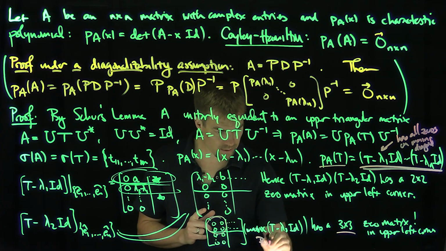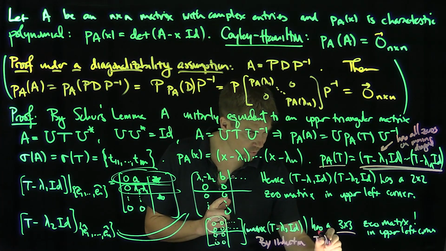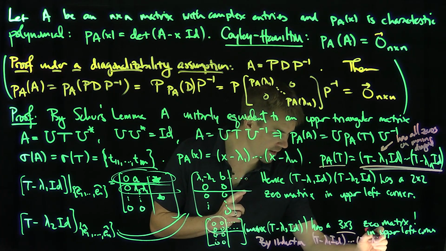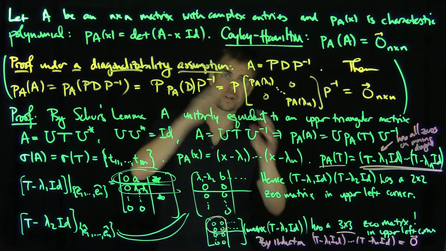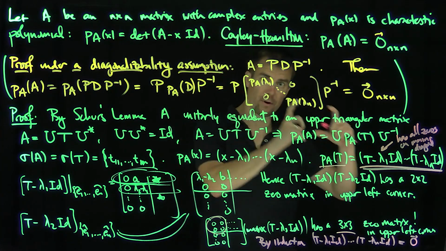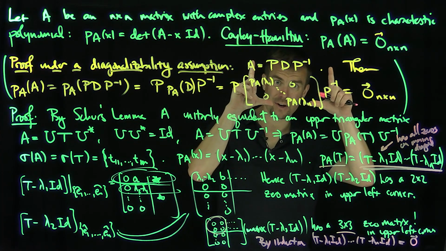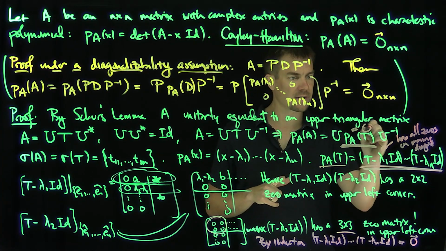So by induction, T minus lambda 1 identity through T minus lambda n identity is just going to be the zero matrix, because I'm going to keep getting a 2 by 2, a 3 by 3, a 4 by 4, all the way down to an n by n matrix of all zeros, and that proves that P_T of T is the zero matrix.